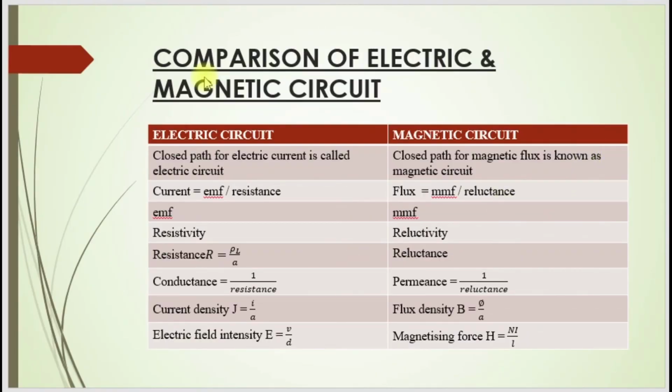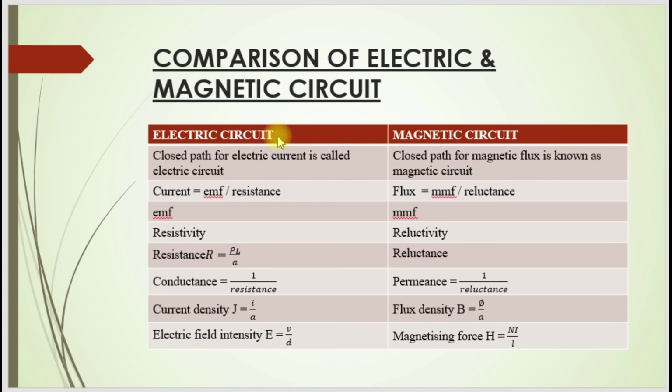Next is comparison of electric and magnetic circuit. We have already seen certain terms related to the magnetic circuit, and these terms are compared with certain electric circuit terms. So, the closed path for electric current is called an electric circuit, whereas the closed path for magnetic flux is known as a magnetic circuit.